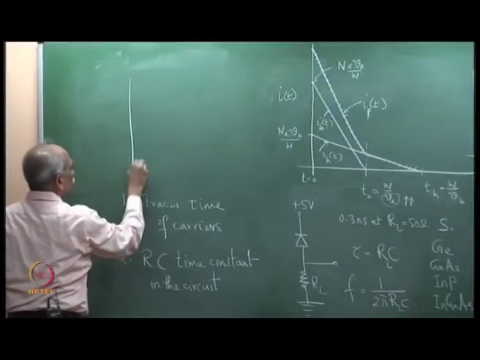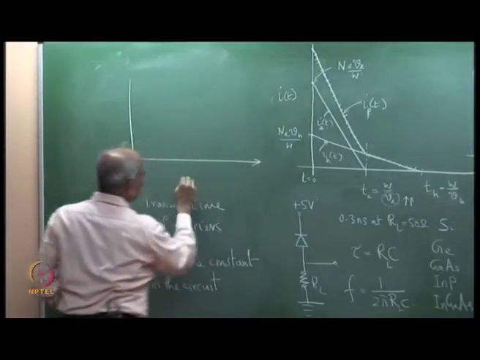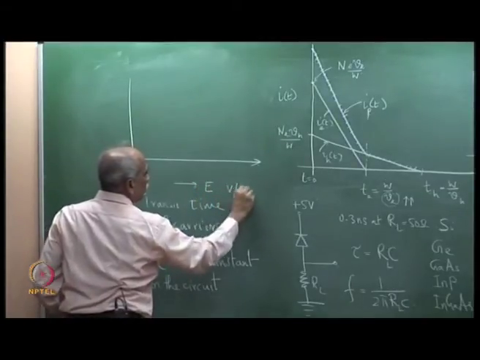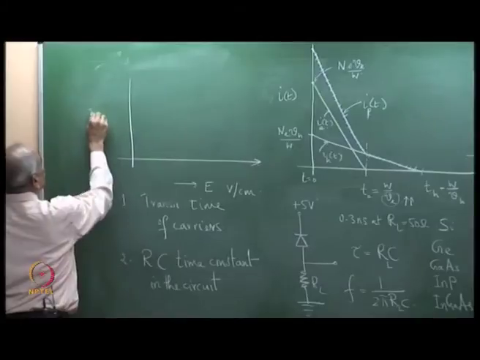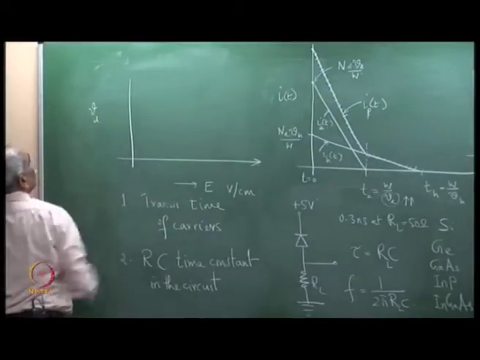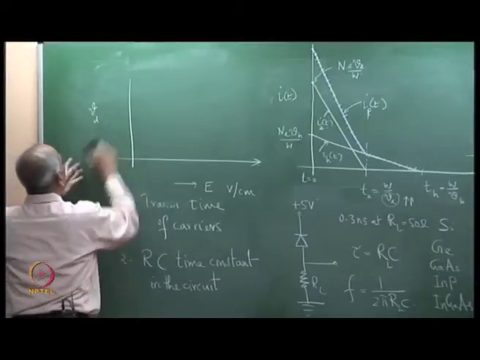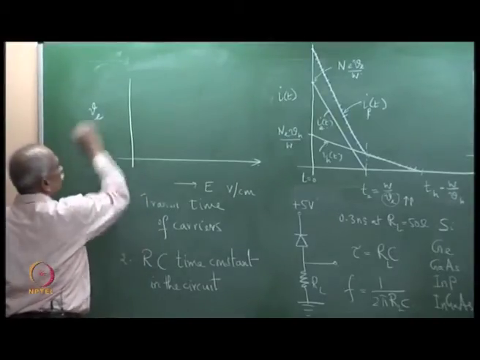If you plot the electric field in volt per centimeter versus the drift velocity Vd of carriers, for electrons, this is Ve.